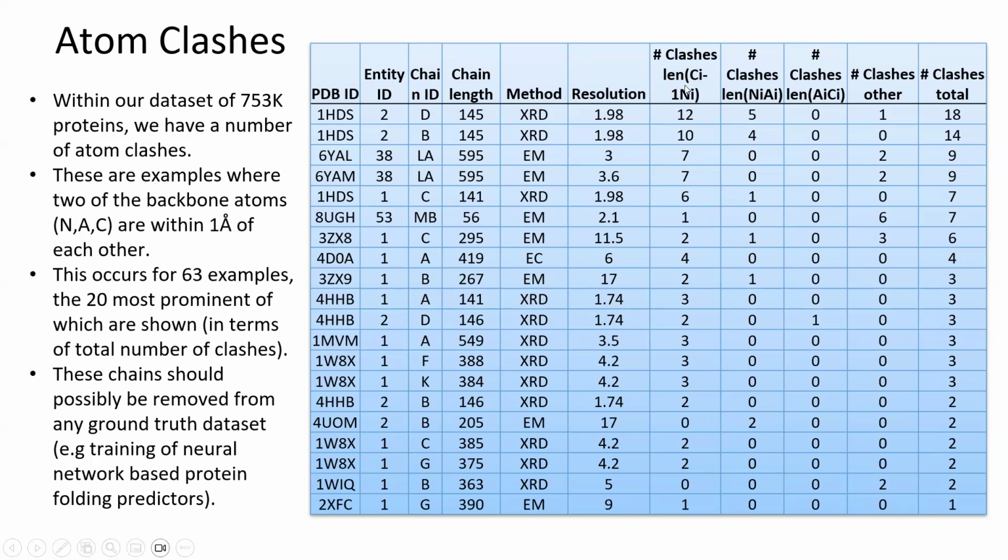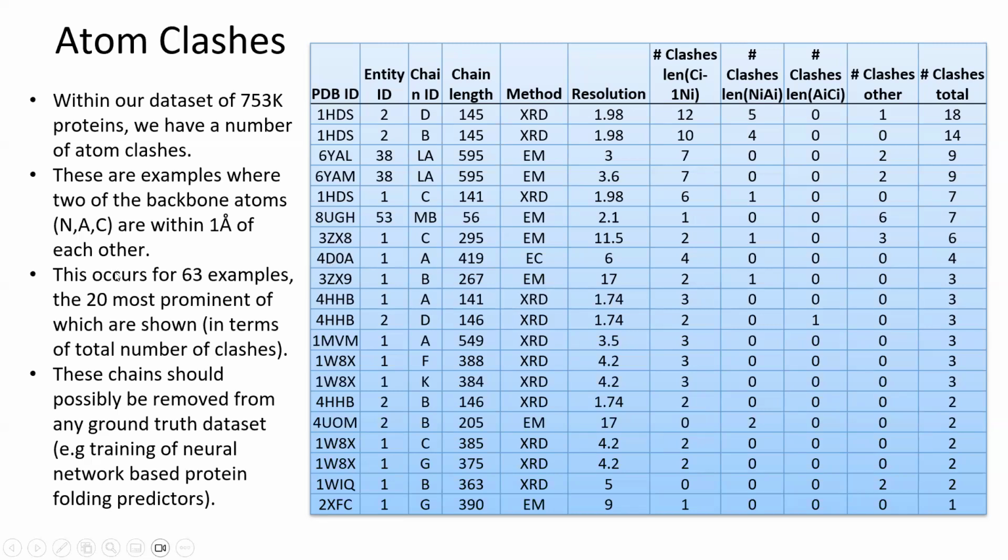If that length is less than 1 angstrom, we've classified it. Similarly with the other two lengths, and then the third one, other clashes. That's where it's not necessarily sequential atoms, it can just be other atoms, maybe where the chain has folded back in on itself.